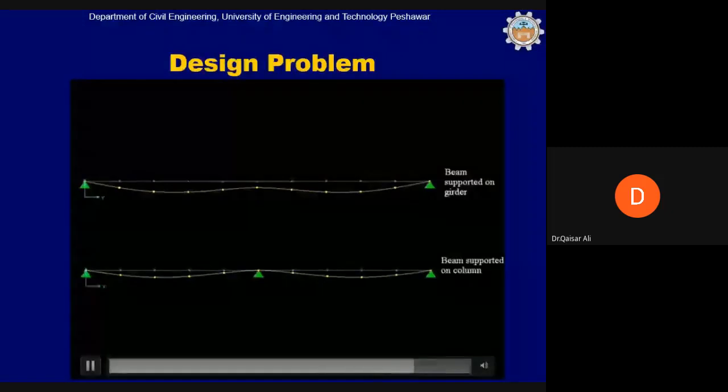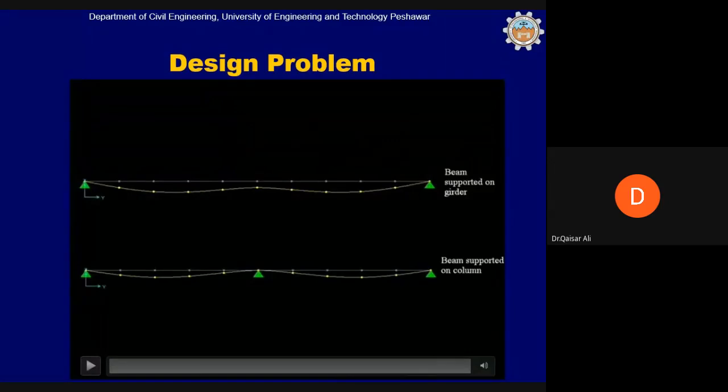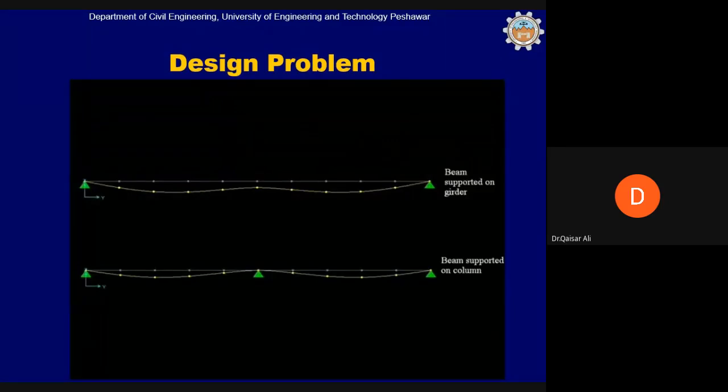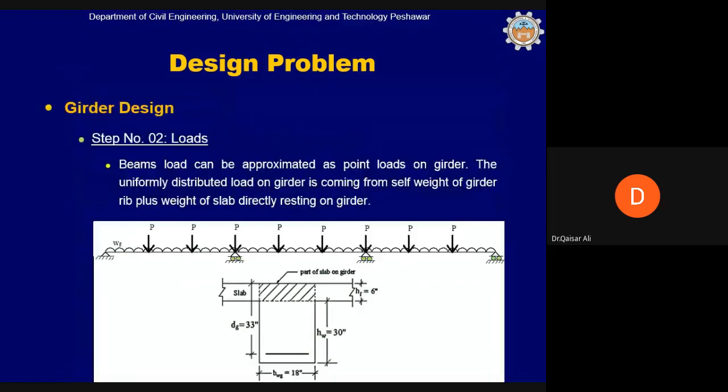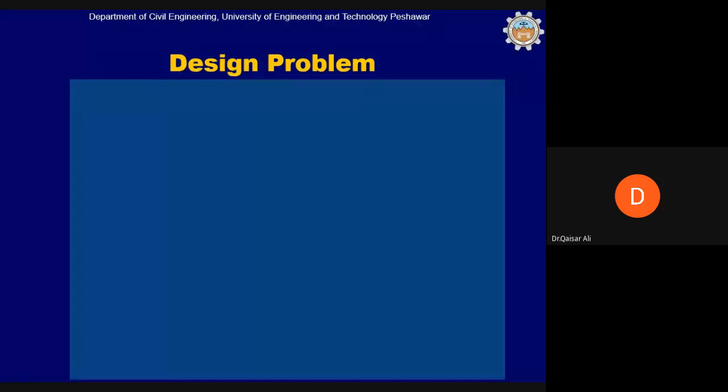So if this girder is very weak, then this shape of the negative bending moment will not be possible, and the whole beam will come down. I'll show this video once again.